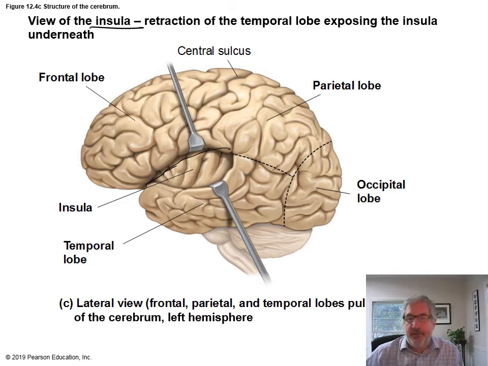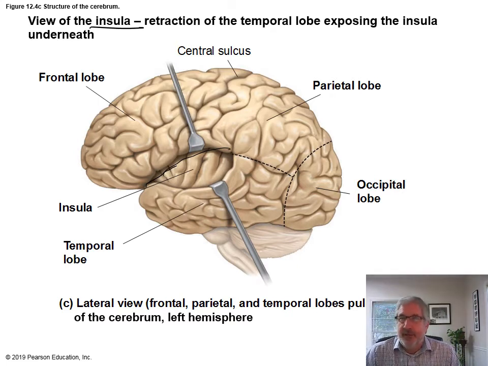It's sometimes considered another lobe of the brain, or sometimes considered an extension of the temporal lobe. So you have the temporal lobe, the lateral fissure there, and then basically it goes inside and makes another groove inside. So is it really part of the temporal lobe, or is it a separate lobe?